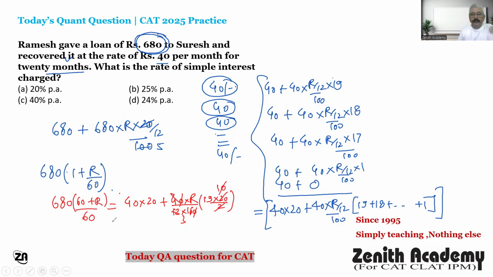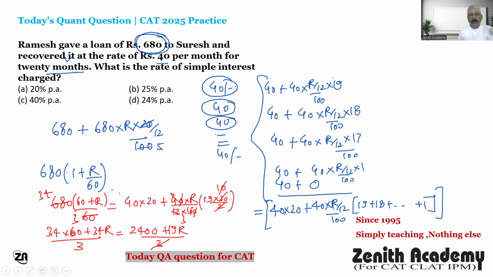Here it is 34 into 60 plus 34R by 3 is equal to 2400 plus 19R upon 3.